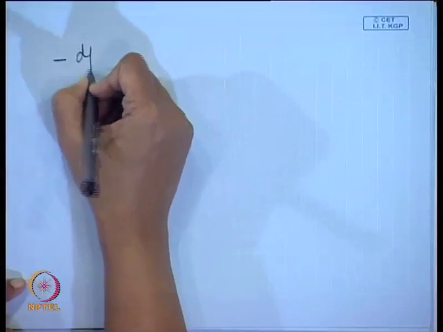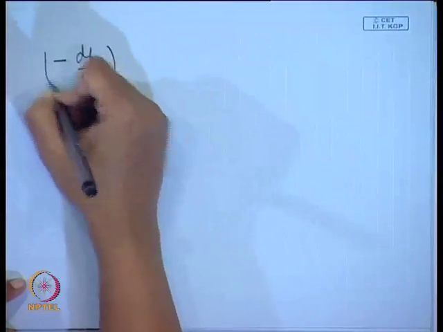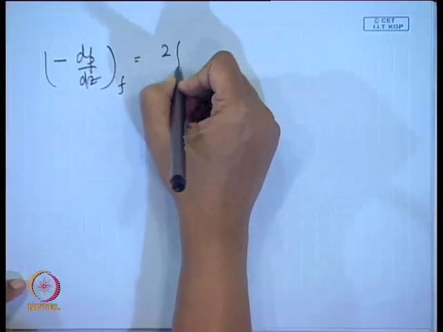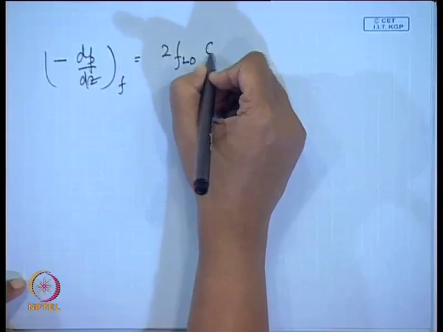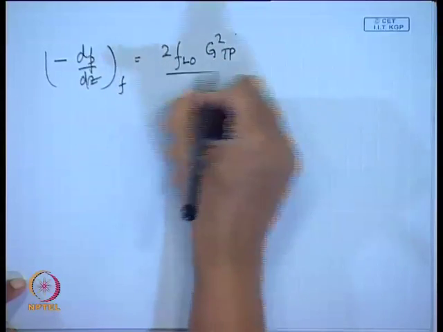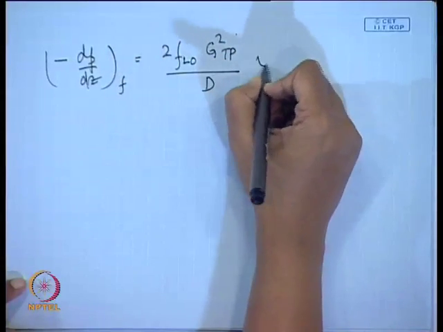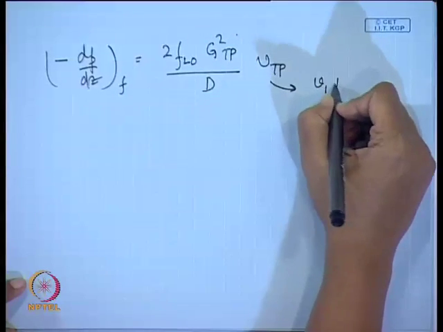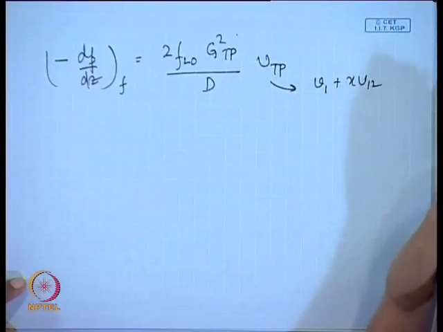Minus dP dz frictional, the frictional pressure gradient, can be expressed as 2 F frictional for liquid only G TP square by d VTP, where we know that this VTP is nothing but V1 plus x V12, is not it?